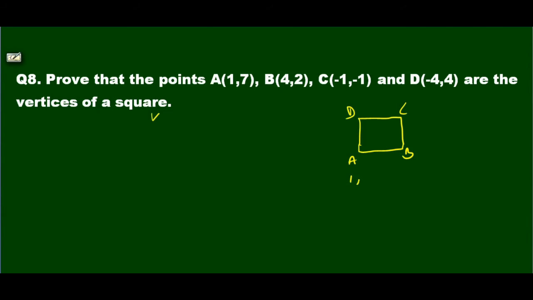Coordinates are A (1, 7), B (4, 2), and C (-1, -1), and coordinates of D are (-4, 4), clear. First of all find the distances of all the sides of the quadrilateral and then find the diagonals, clear.